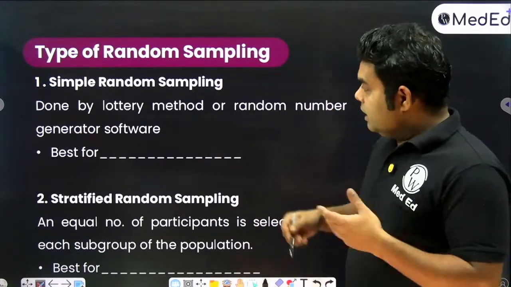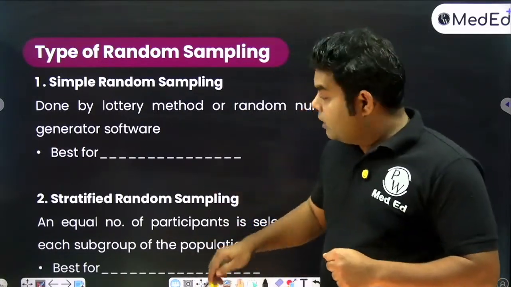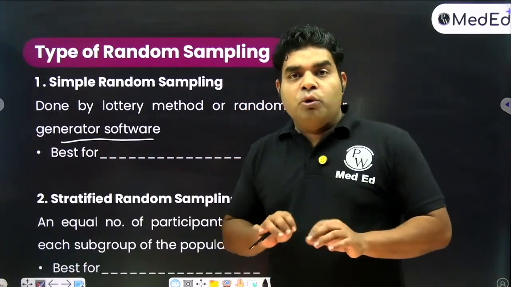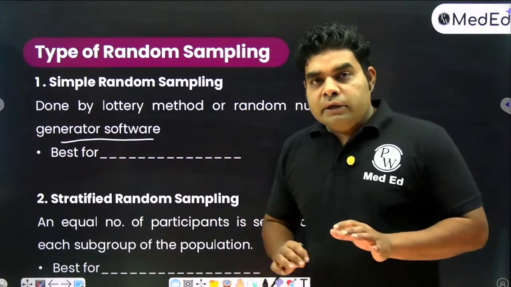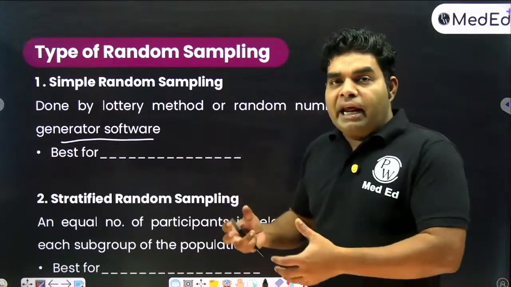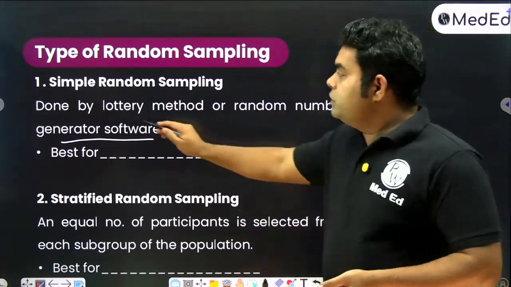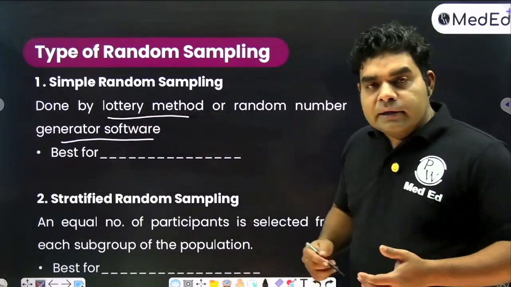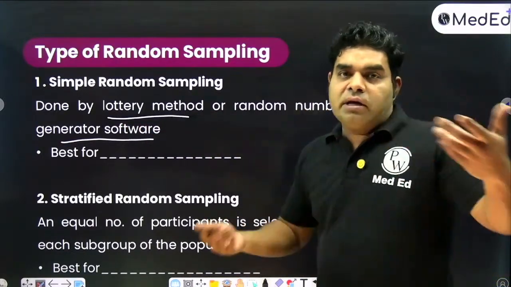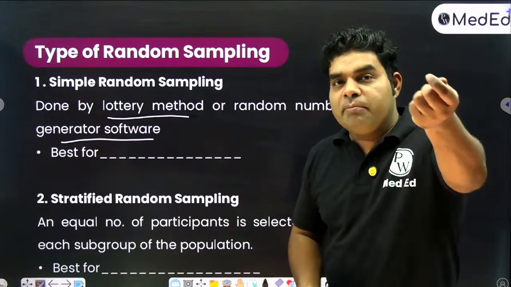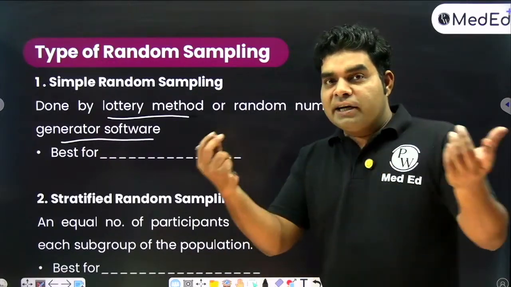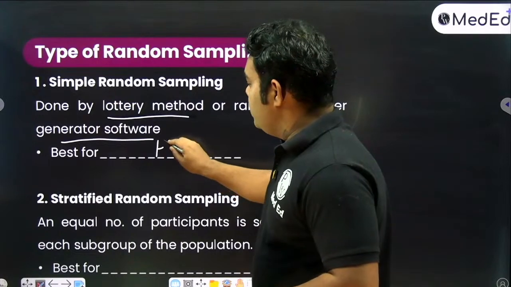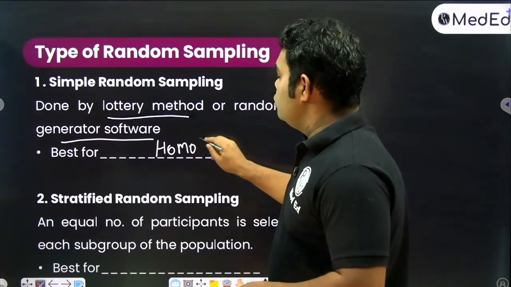There is a software also, SPSS software, and I will ask the computer to give me any 10 names out of 100 randomly. So the computer will give me 10 names out of 100 by using the lottery method, which is in the software of some apps. So just randomly, or if it is a live class, I can ask one person to choose out of 100 chits. So this is the lottery method, and this is best when we are doing the sampling for a homogeneous population.